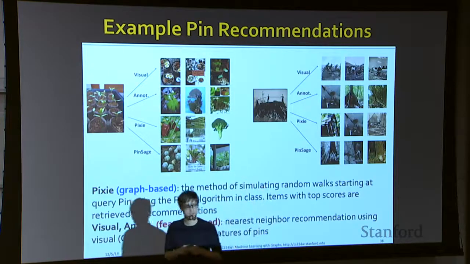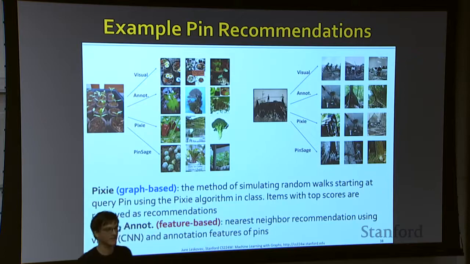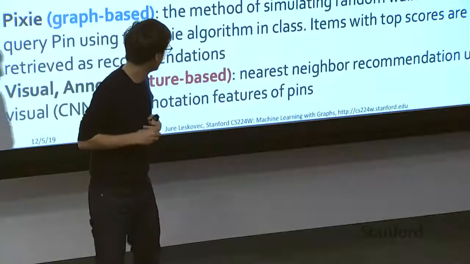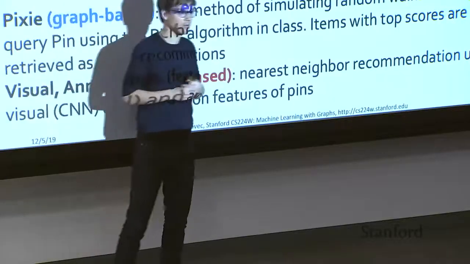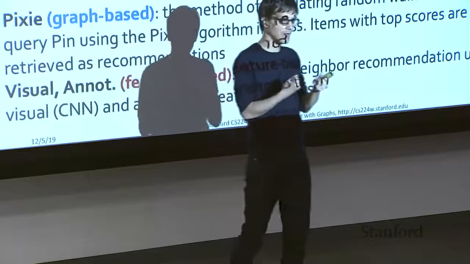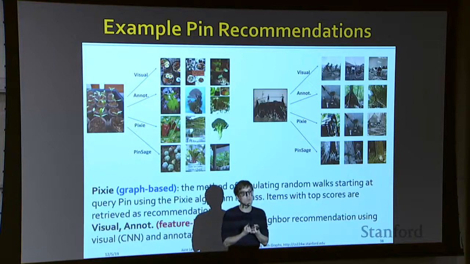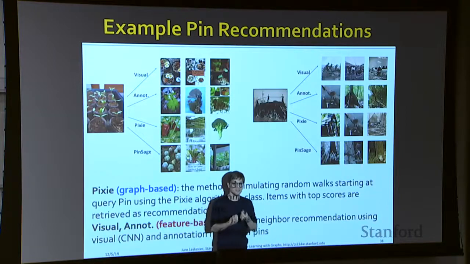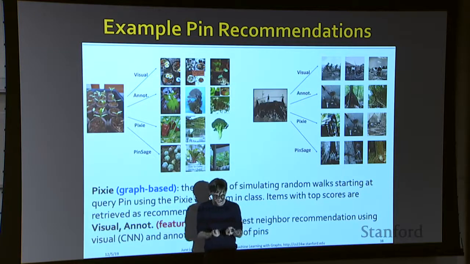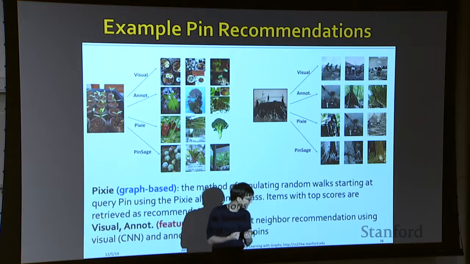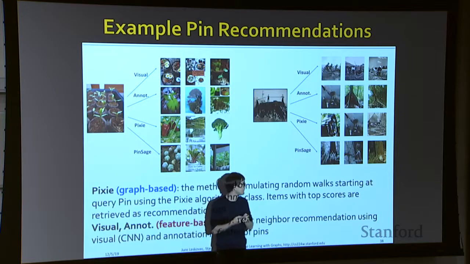Yes? How do we ensure diversity in this case? We don't ensure diversity, right? The goal here is not to have diversity. The goal is to really learn what is super similar. And the way it turns out to ensure diversity in recommender systems, yes, it's very important, but you don't ensure diversity by having random recommendations.